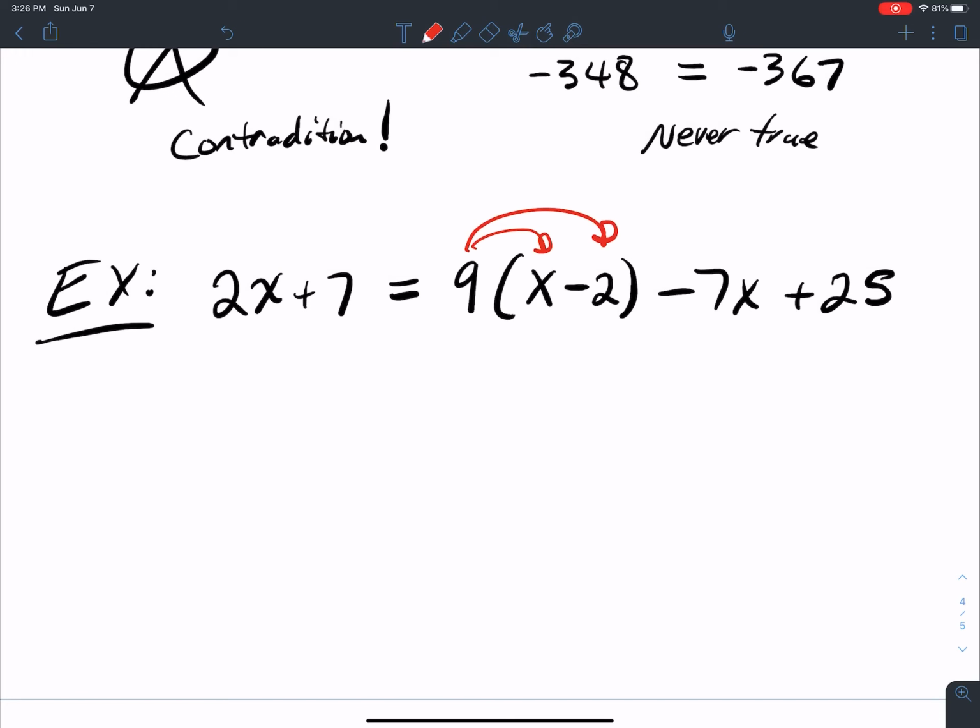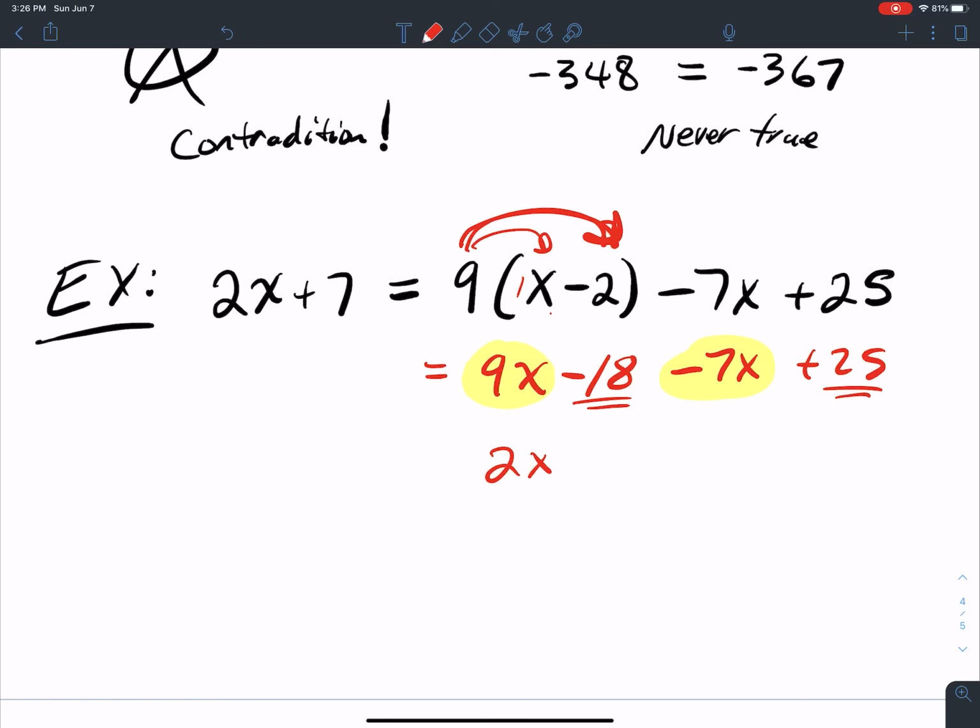Multiply, distribute. 9 times 1x gets me 9x. 9 times negative 2, negative 18. I have minus 7x and plus 25. So I'm going to combine the like terms. Negative 7x and a 9x make a 2x. And then negative 18 and plus 25 makes a positive 7.